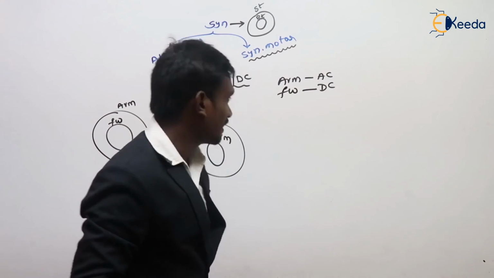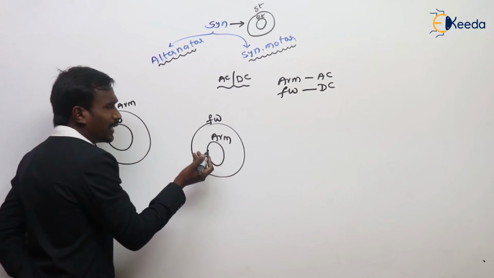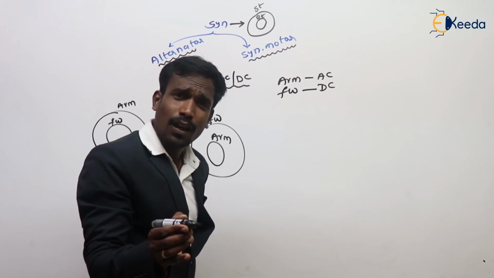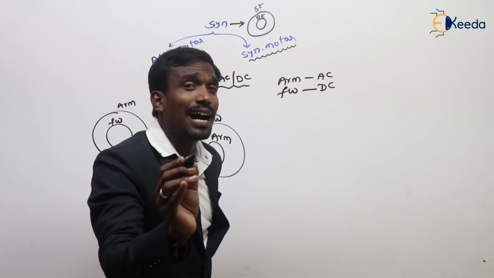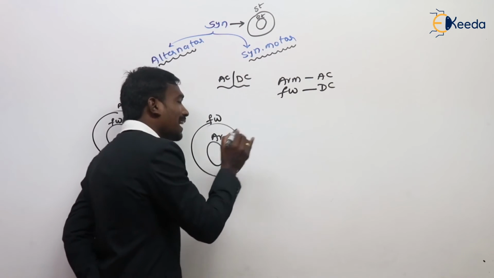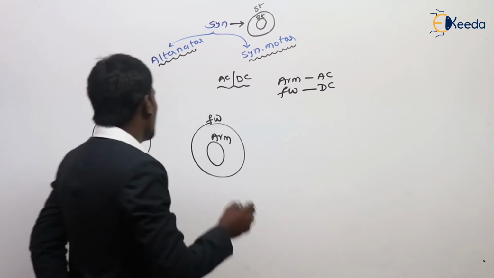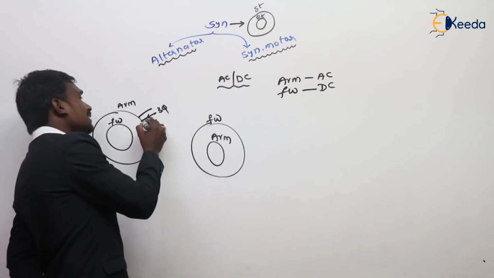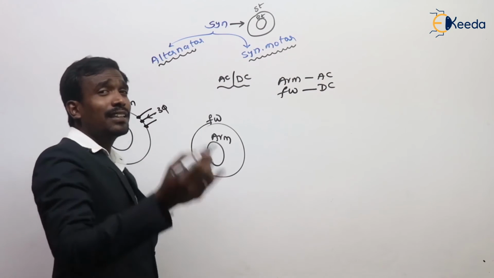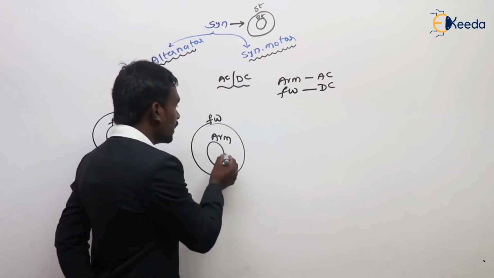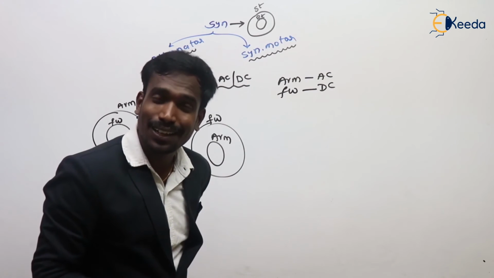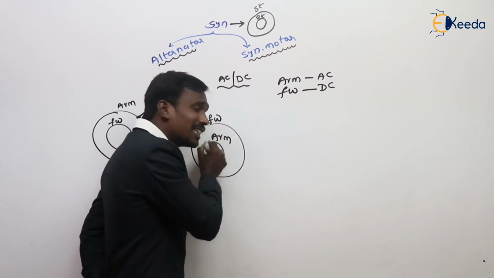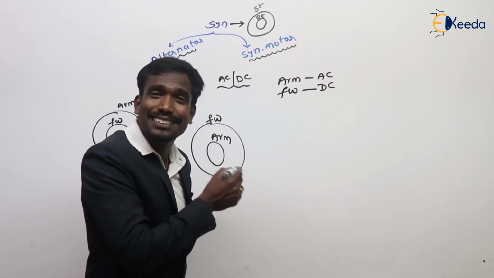For example, suppose my armature winding is placed on the rotor. Now I have to give the AC supply to my armature winding. Giving AC supply to an armature winding on the stator is very easy, there is no problem. But with the armature winding on the rotor, which is a rotating part, we won't give the AC supply directly.